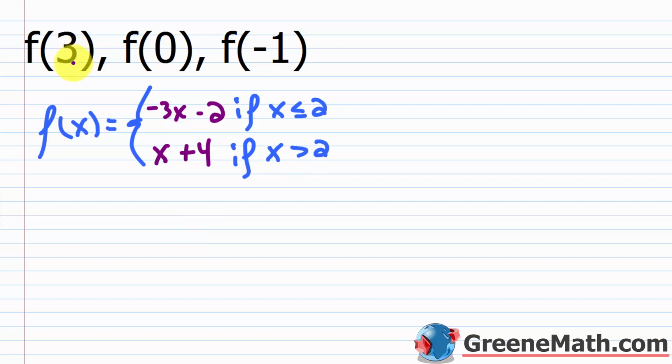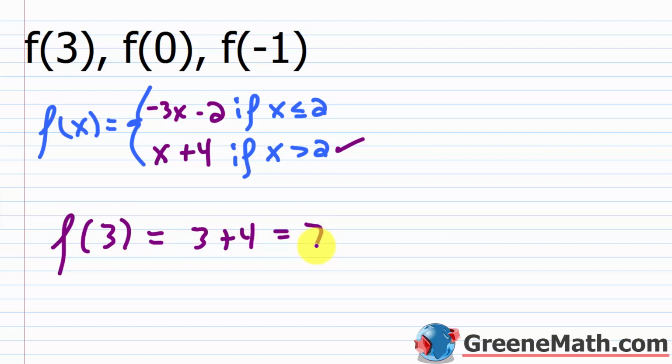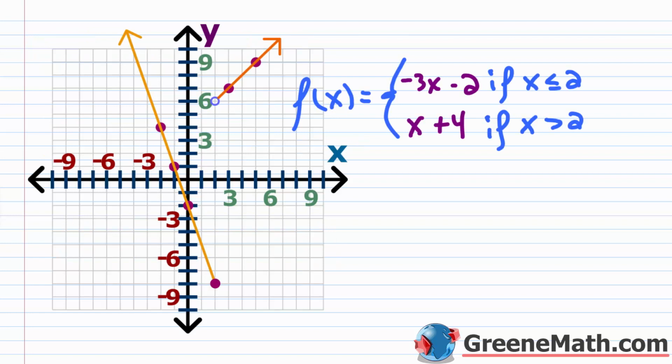If I have f of 3, does 3 fall in the category of less than or equal to 2 or greater than 2? Well, it falls in this category here, so I follow this rule. So f of 3 is equal to 3 plus 4, which equals 7. And that's something you can verify on the graph. If I go back up and look at 3, this is an x value of 3, I have a y value of 7. Okay, so that's true.